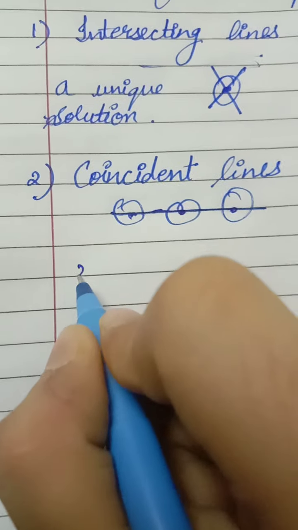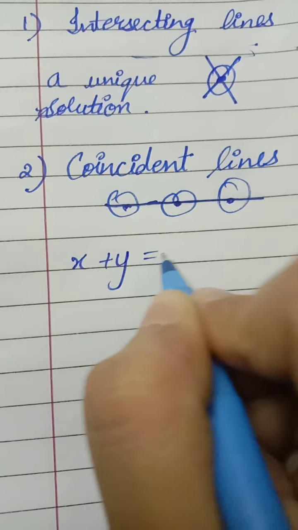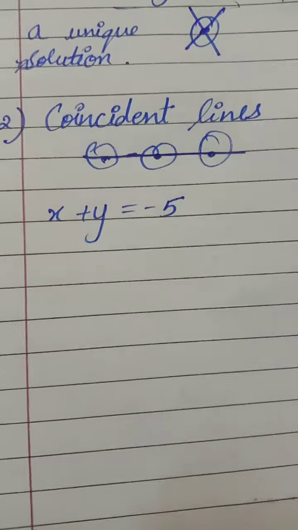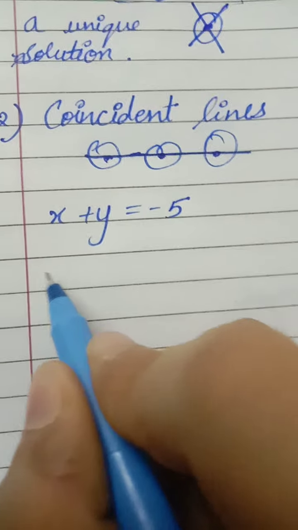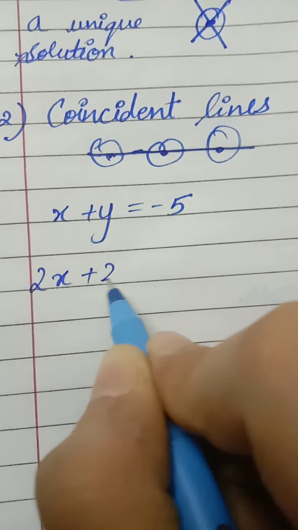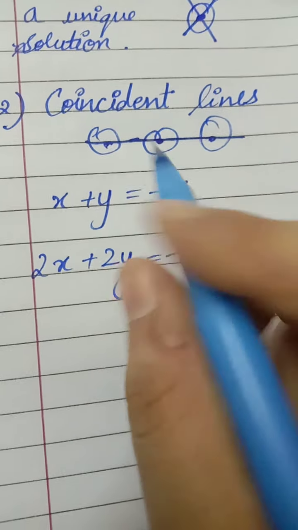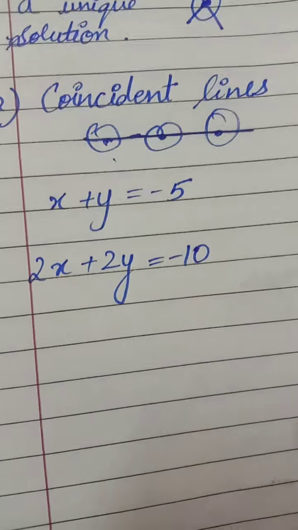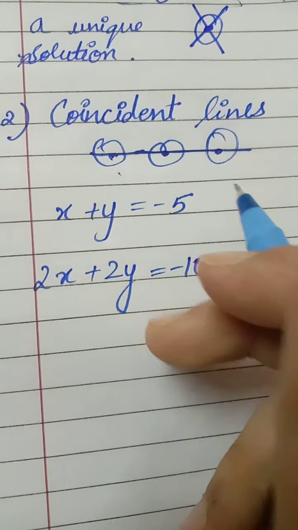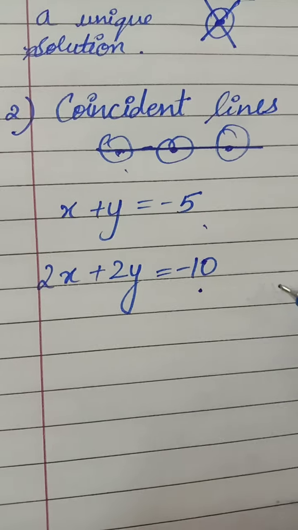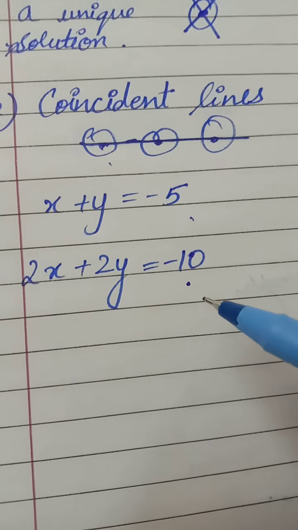Let us take x plus y is equal to minus 5, and we illustrate this example with 2x plus 2y is equal to minus 10. Here we will be having infinitely many solutions. That means the two equations will be having the same solutions.